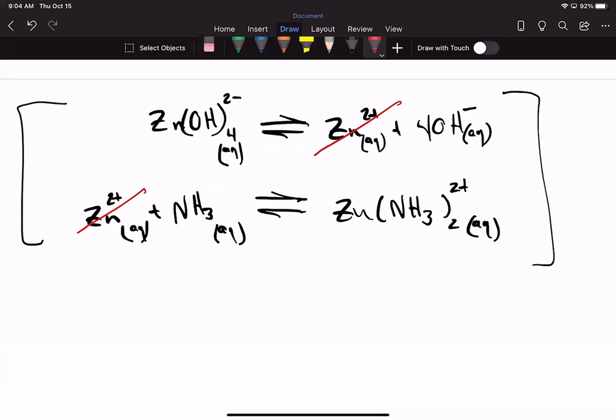This is the net reaction here, from a combination of both of these reactions.